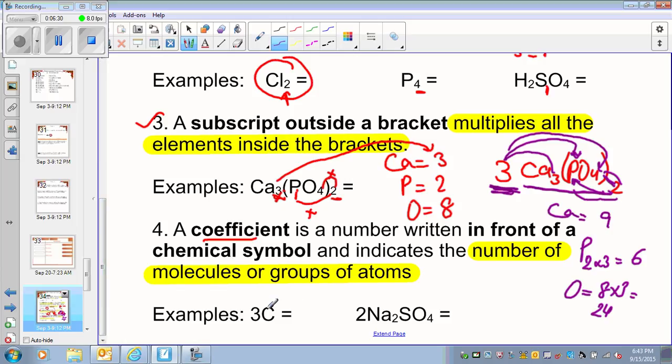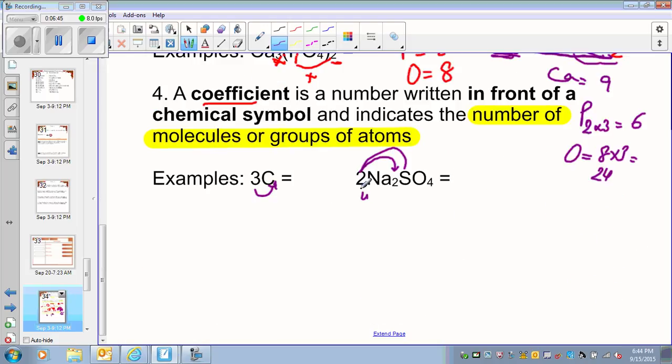For example, you have 3 carbon, so that means 1 multiplied by 3, so you have 3 carbon atoms. You multiply the sodium with 2, so you have 4 sodium, 2 sulfur, and then 8 oxygens.